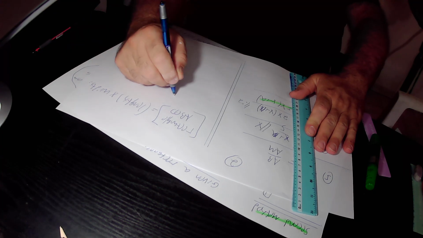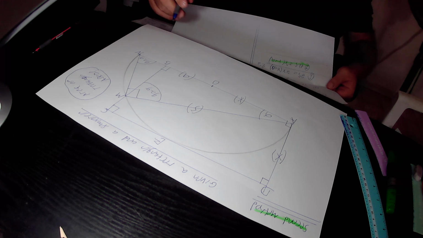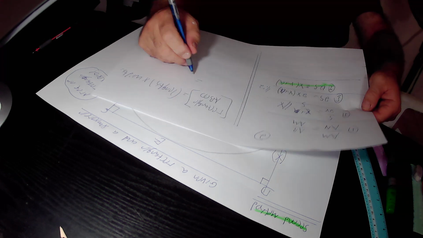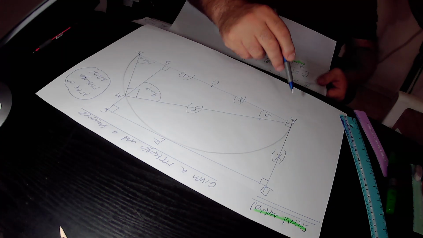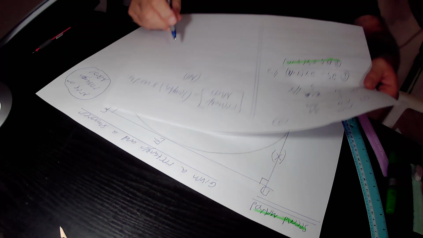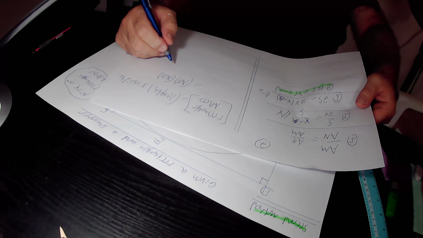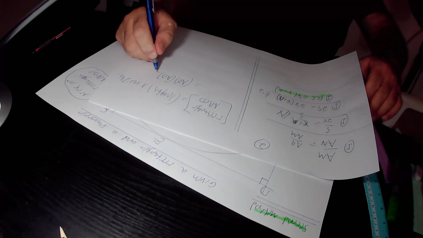Therefore the area of our rectangle ABCD must be equal to the length, that is AB, times the width, that is AD. So the area of rectangle ABCD equals AB times AD.